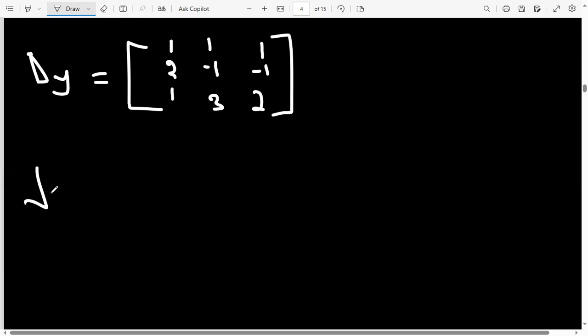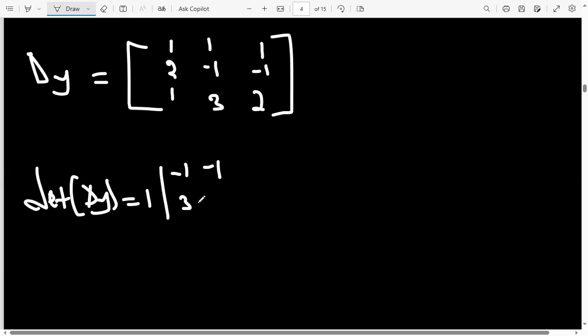So the determinant of this, we are following the same procedure, guys, is equal to 1. What happens when I cancel this row and this column? I remain with -1, -1, 3, 2. Then when I cancel this one, I'll get -1 here.